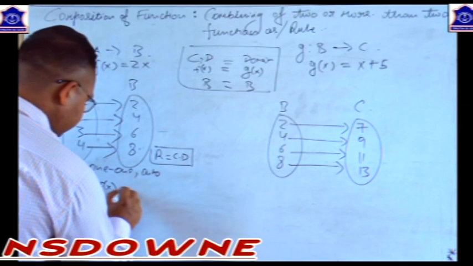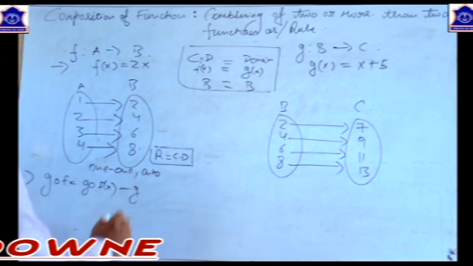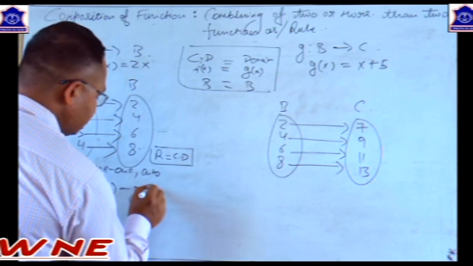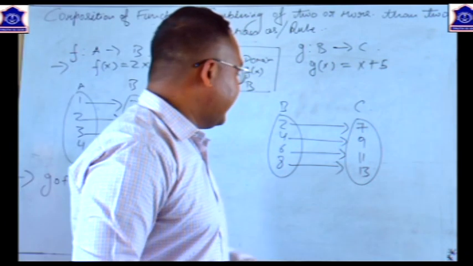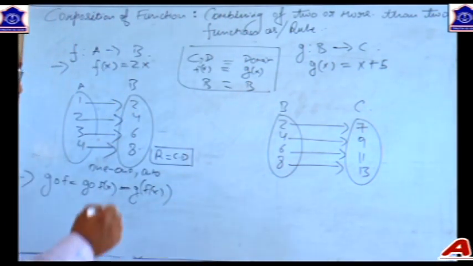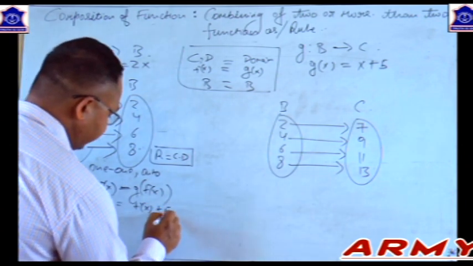Then we know it very well that gof of x can be written as g of fx. तो अगर gx x plus 5 है तो g of fx will be fx plus 5.